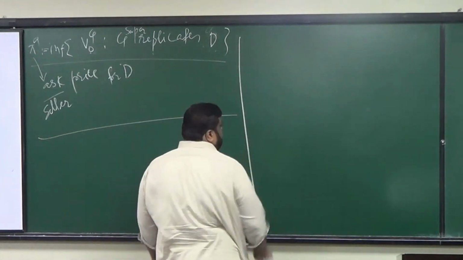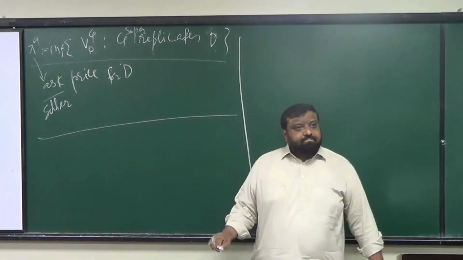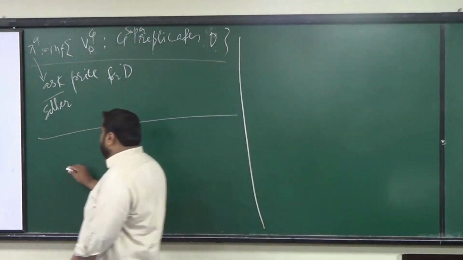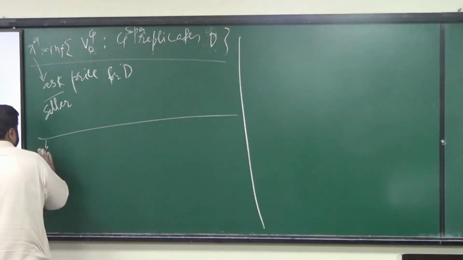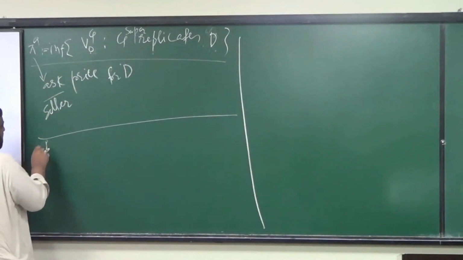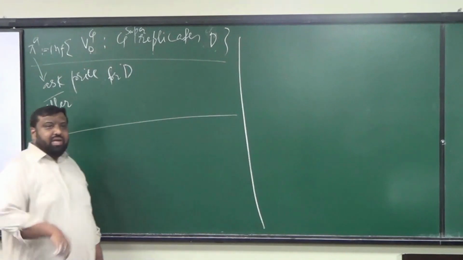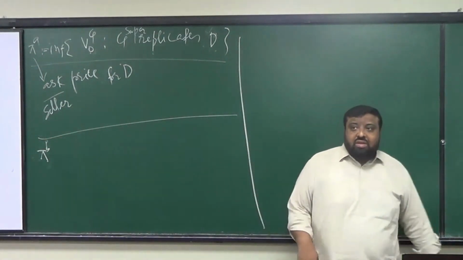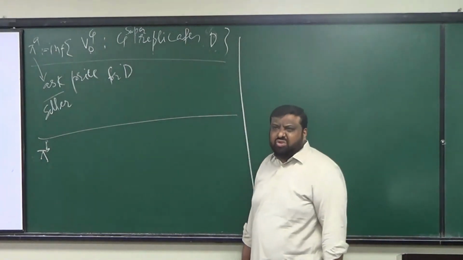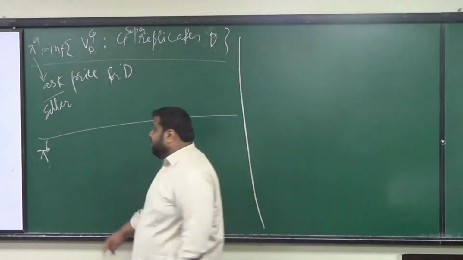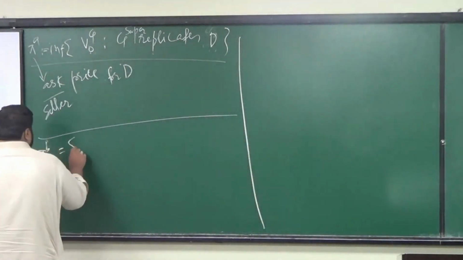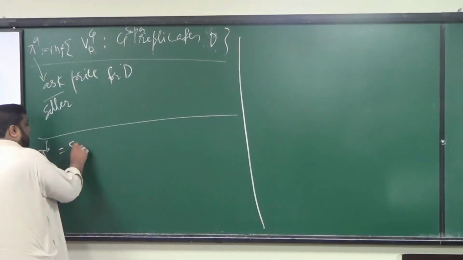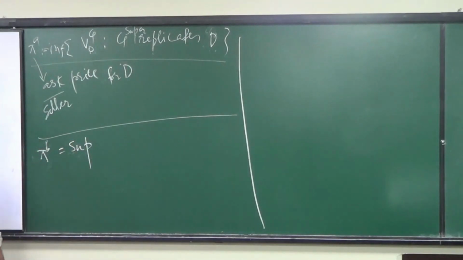And what do you think should be the other way around? It should be a lower bound. What should that be? The bid price. In other words, what is the ideal price that the buyer should ask for? The greatest lower bound, the supremum this time.